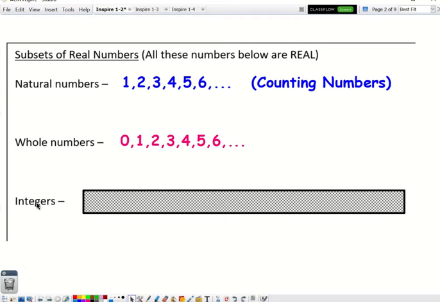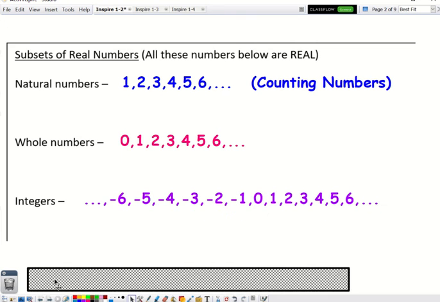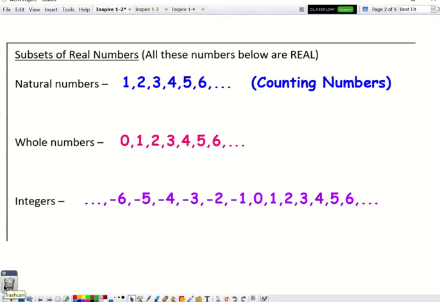And then we can say the integers. Do you remember what the integers include? Well, some people say they are the whole numbers and their opposites. But in this lesson, saying the word opposite is a little premature. Here's what the integers are.